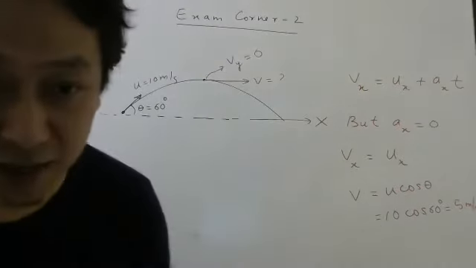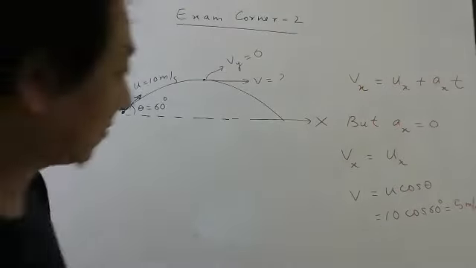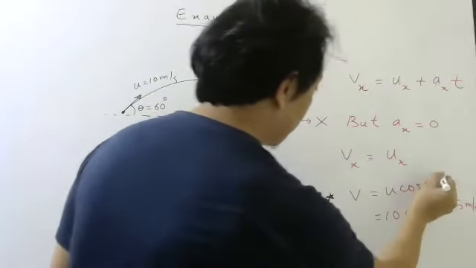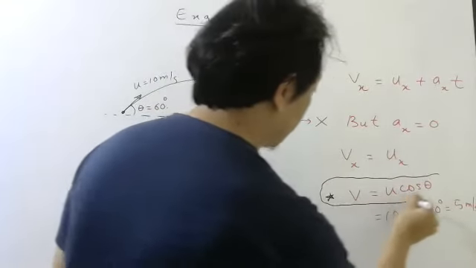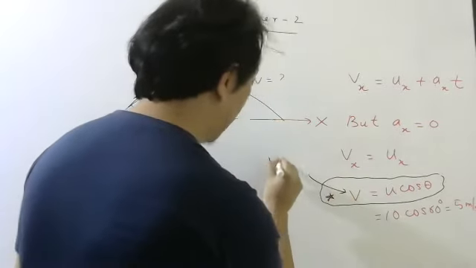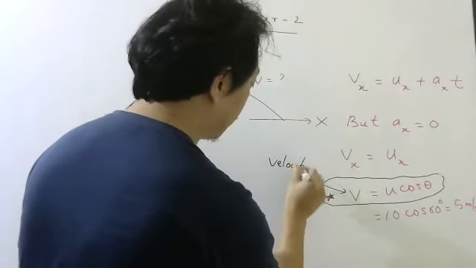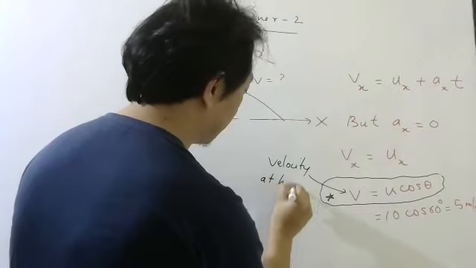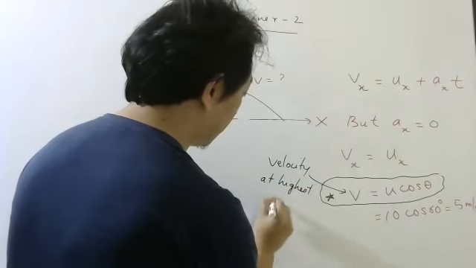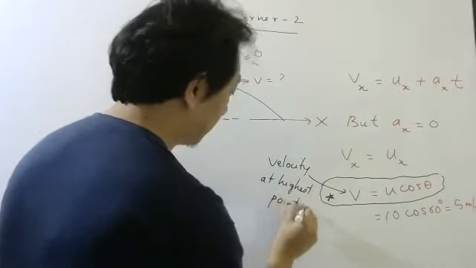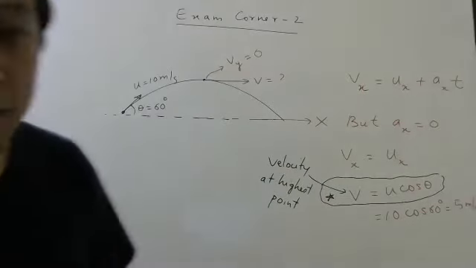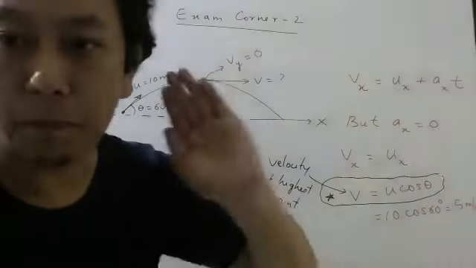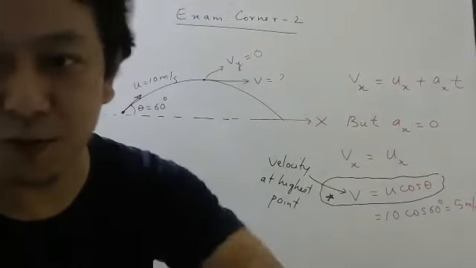So I will advise all of you to remember this result. This is velocity at highest point. It is very easy to remember because Vx is always Ux.